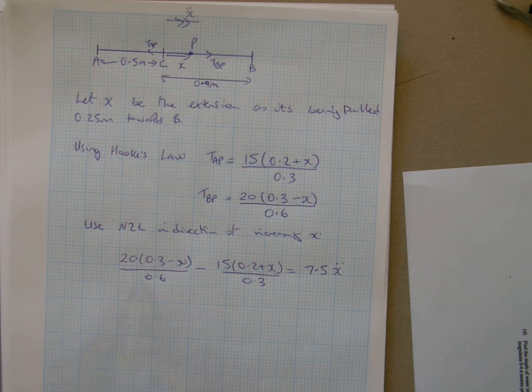So it's a case of working this out. We'll multiply these out: 20 over 0.6 is 100 over 3.